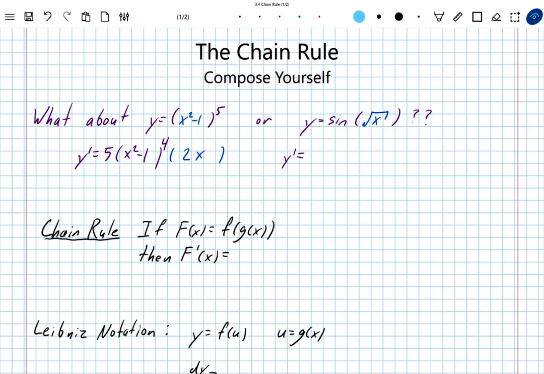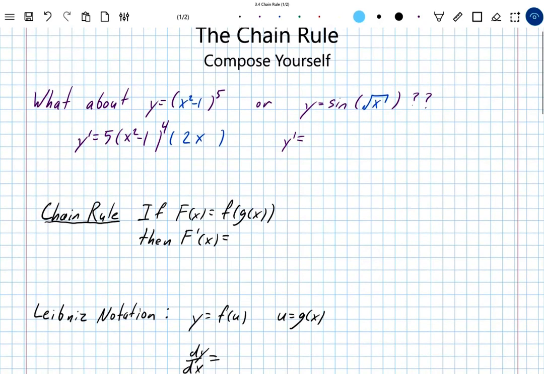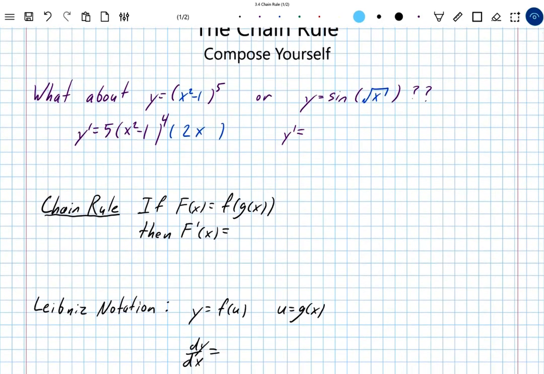Okay, this usually takes lots of practice, but let's write it down once. If f of x equals small f composed with small g, the inner function is g, the outer function is f. Way back up here, the inner function was x squared minus 1, and the outer function was x to the fifth, right? And we're composing them together. How do I take the derivative of something like that? Well, I'll tell you.